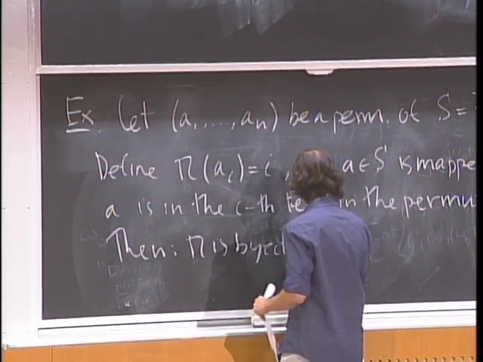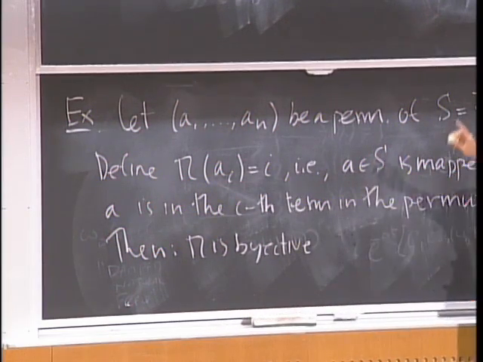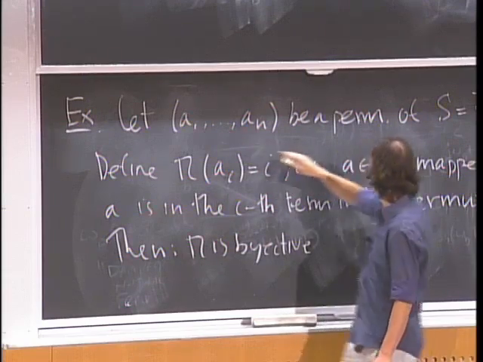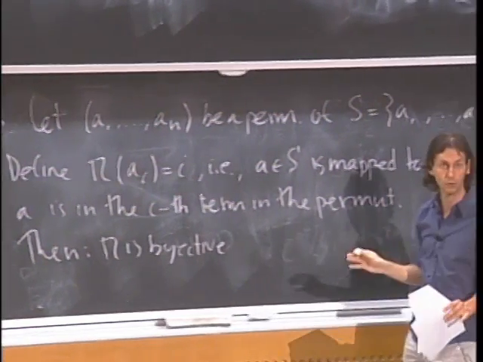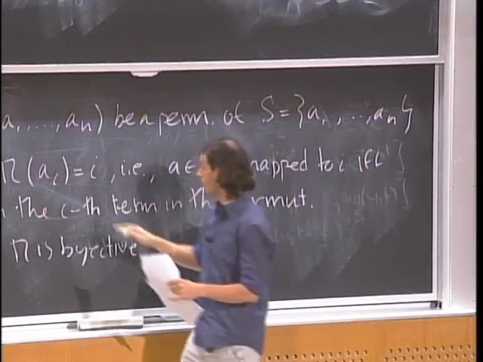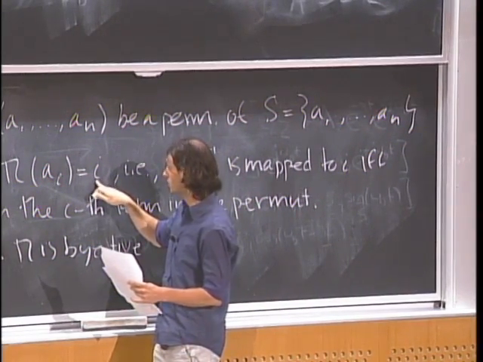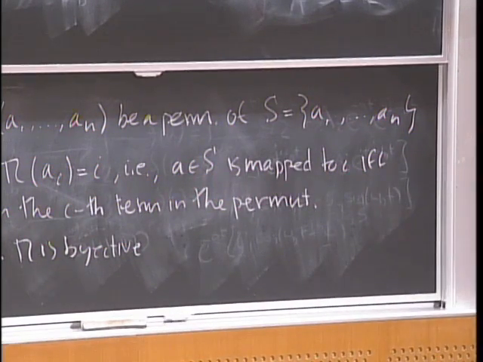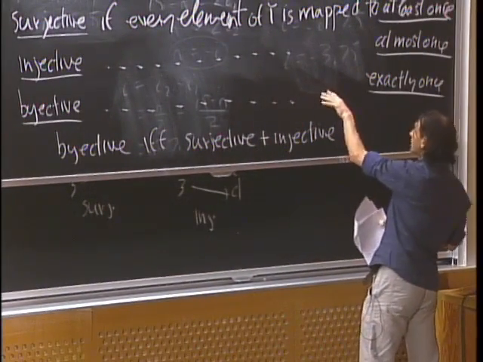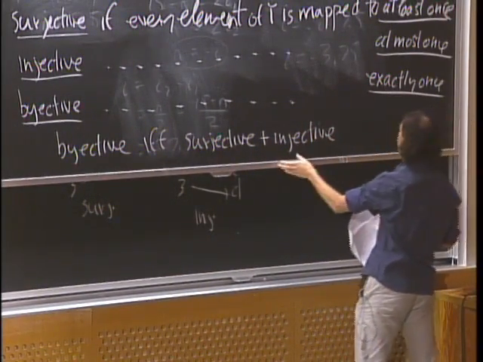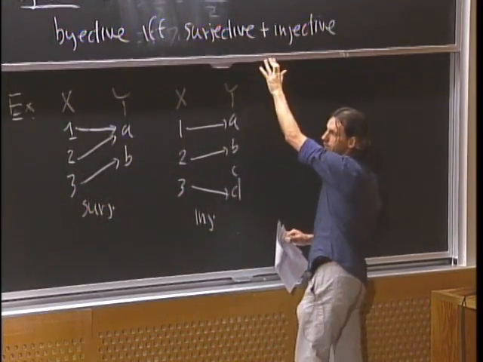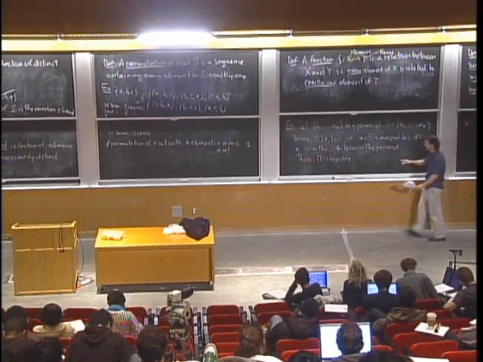Well, we know from the definition of a permutation that it is a sequence in which every element of S occurs exactly once. So that means that every position is covered exactly once by an element of S. And that is exactly the definition over here, which says that every element in the range is mapped to exactly once by an element in the domain. So this is an example of a bijection.